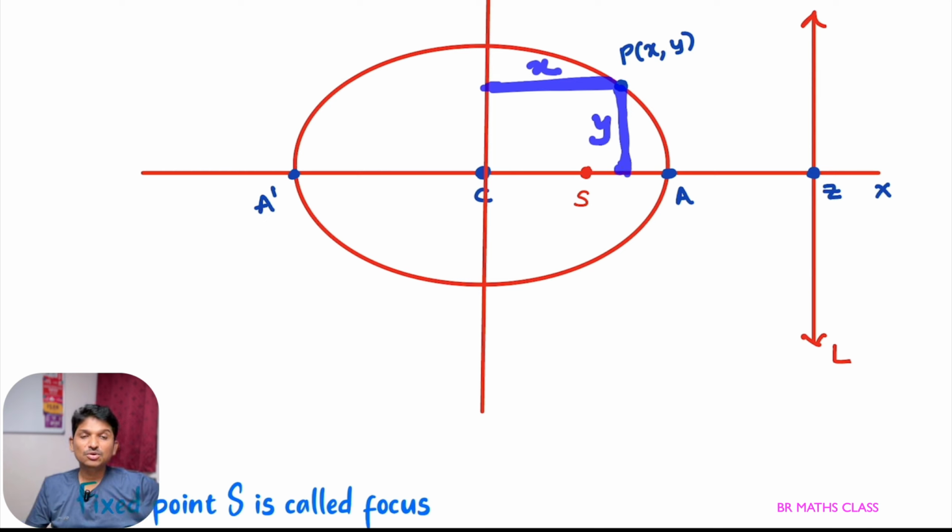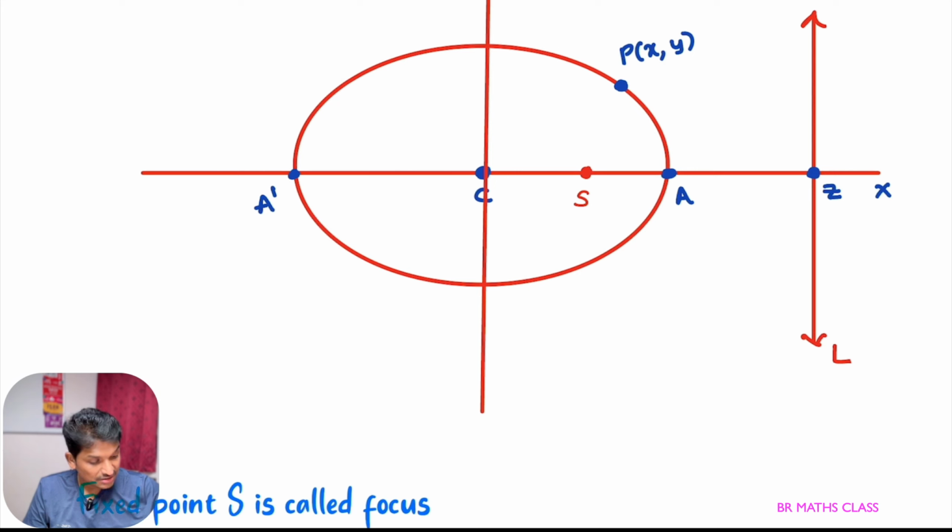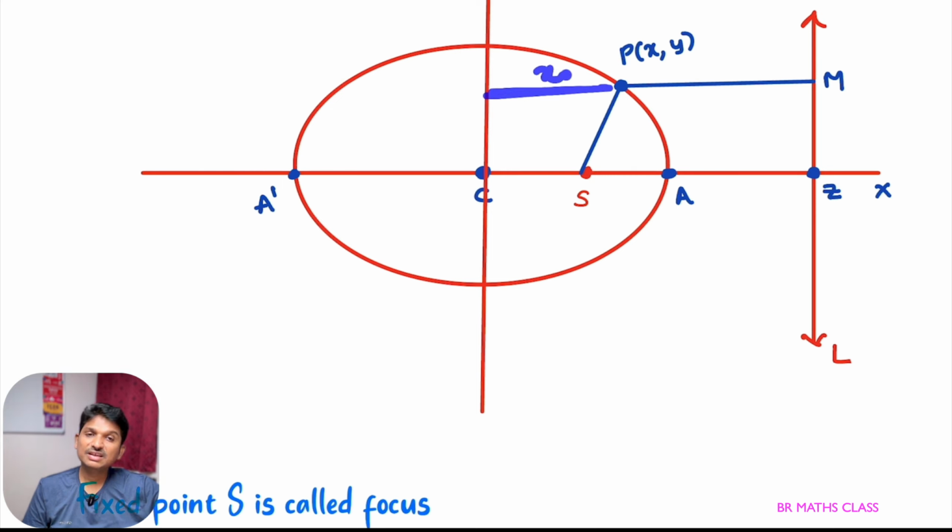Okay. Now I want PM. What is PM? PM is the distance from point P to directrix, and this is SP. Okay, listen carefully. This length is x, correct? This length is x, this length is y. Now I just want this length only. This length is x. What is CZ?